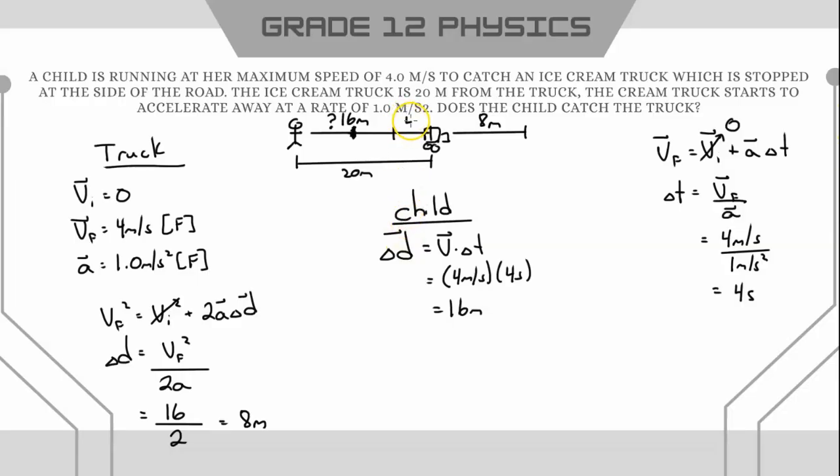It was still 4 meters away from where the truck started from. So the closest the child is going to get to the truck is here. So when the child is here, the truck is going to be here, a total distance of 4 plus 8, or 12 meters away. So the child is going to get up to 12 meters away.